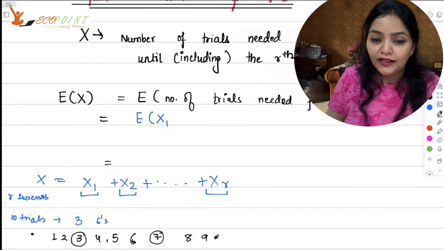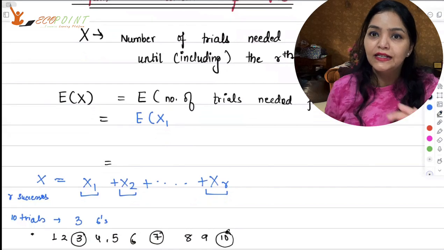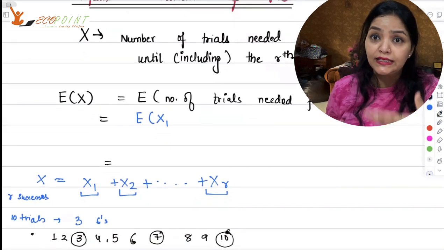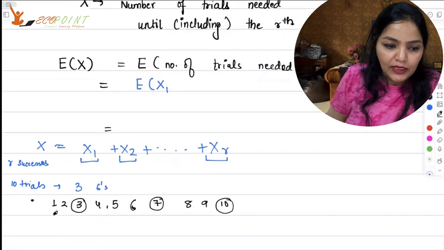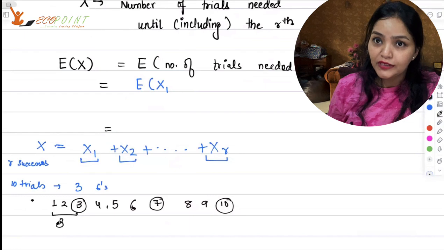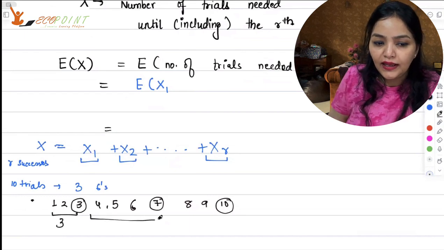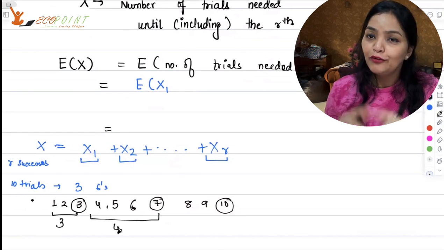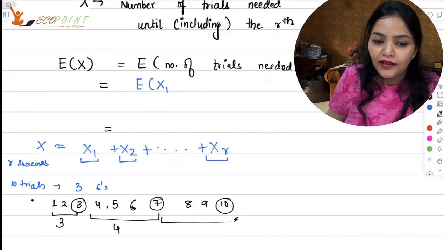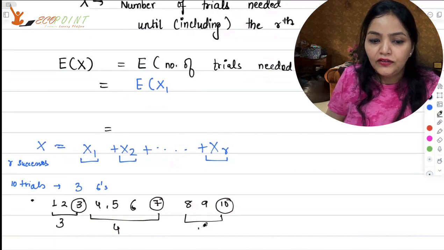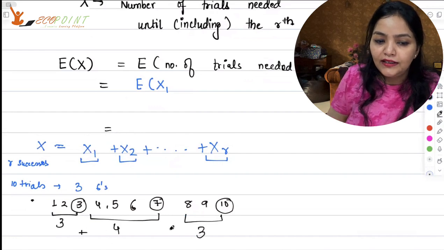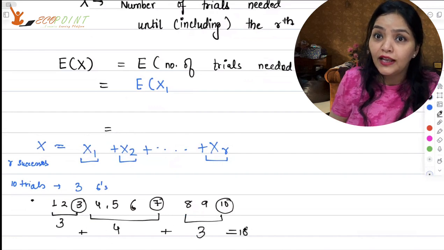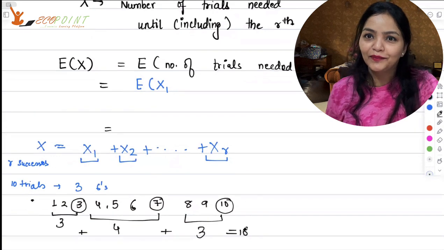I will have to get my third success within my 10 trials, because I'm saying that in 10 trials I should get 3 sixes, right? So this means that I have taken 3 trials for my first success. Then I started playing again and I've taken 4 trials for my second success. And I've taken 3 trials again for my third success. In total, 3 plus 4 plus 3 will give you 10 trials, right? That's exactly what I mean.